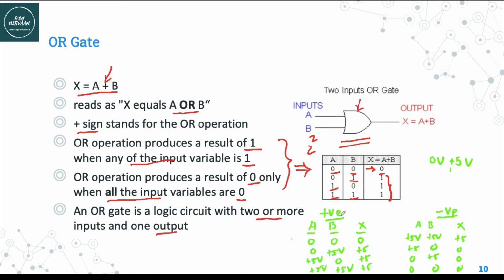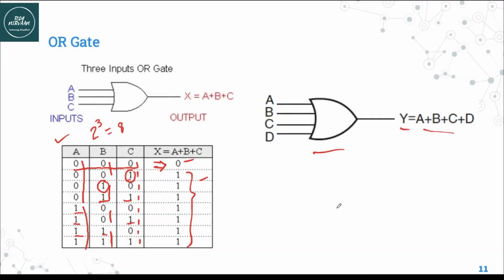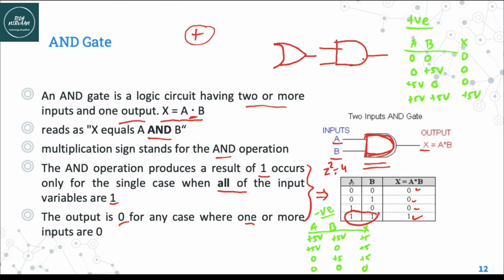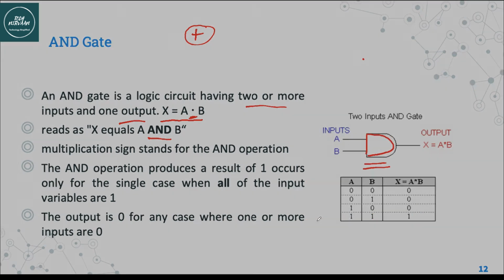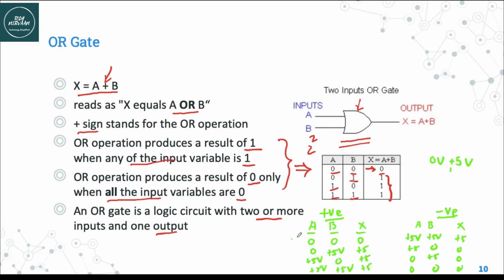So OR gate in positive logic system, we have 0, 0, 0, 0 plus 5, plus 5, 0, plus 5, plus 5. So 0, plus 5, plus 5, plus 5. OR gate in positive logic system, AND gate in negative logic system. So negative logic system, we have 0, 0, 0. Then all other cases we have plus 5, plus 5. So this is connected with this.